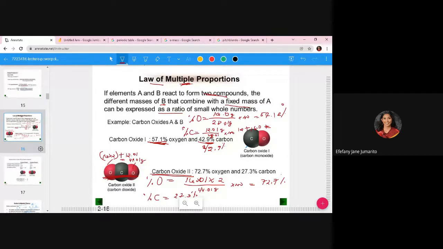In carbon dioxide, it is fixed, a definite composition: percent oxygen is 72.7 and carbon 27.3. Multiple proportions means it differs, but it is not different within the same compound. Percent oxygen and percent carbon may differ in different compounds. Okay ra? So, in order for you to see if it is really applied, you need at least two compounds for you to compare.